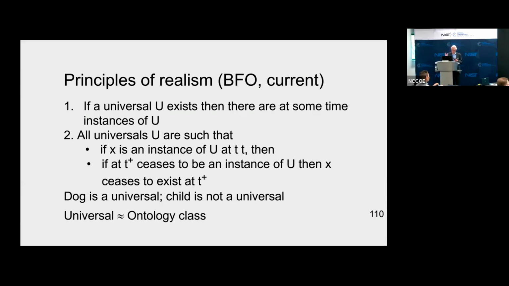So the first thing is, Aristotle said, every universal has instances. We have now, after a long and bitter argument with Dusan, come to the conclusion that there are universals which have been created by people and which exist even though they don't have instances yet.